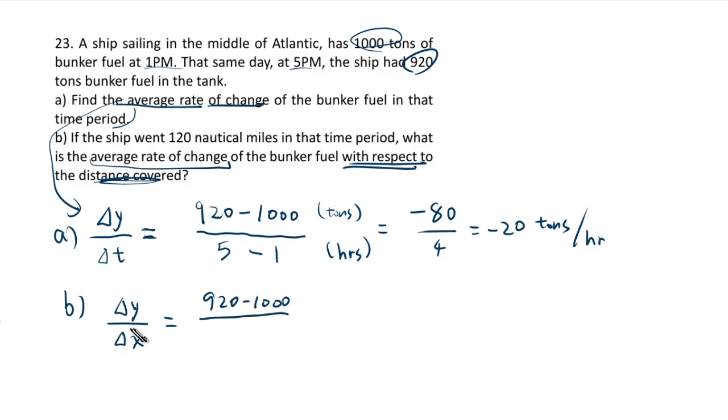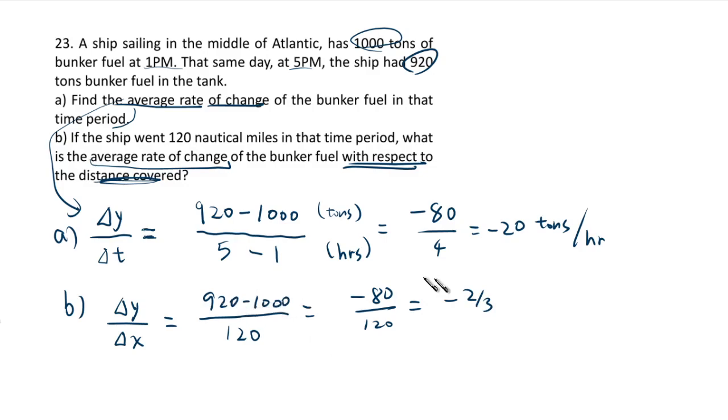What's the distance covered? I mean, this is a change in the distance or change in the position. And since it covered 120 nautical miles, the change in the position must be 120. Right? So you end up with negative 80 again over 120, and if you simplify this, it's negative 2/3.